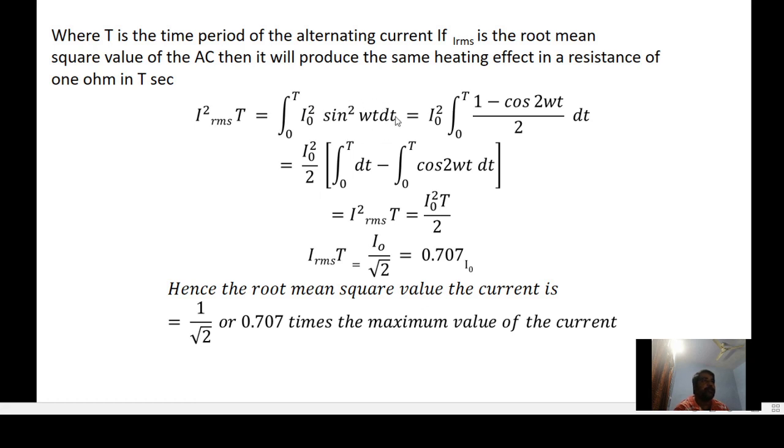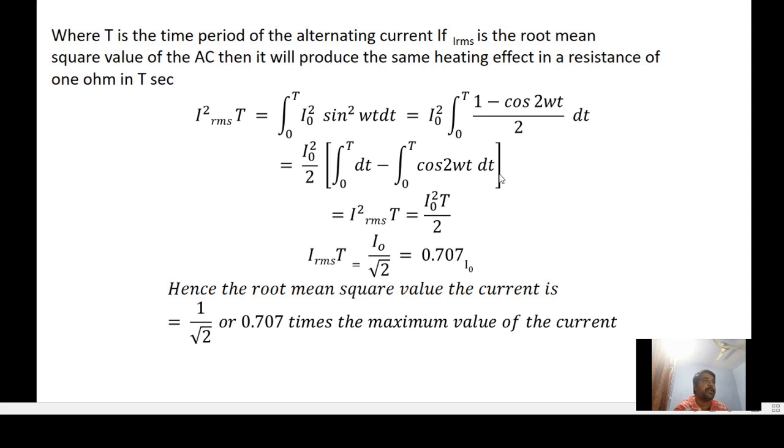Here sin square omega t can be written as 1 minus cos 2 omega t by 2. Or this expression can be written as I naught square by 2 times the integration from 0 to T of dt minus the integration from 0 to T of cos 2 omega t dt. When we integrate this term, finally we get 0.